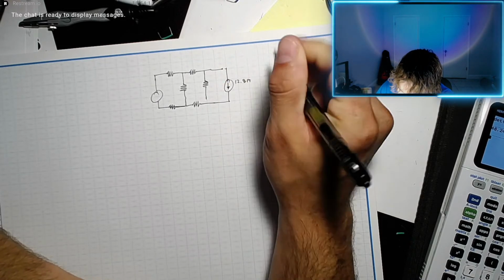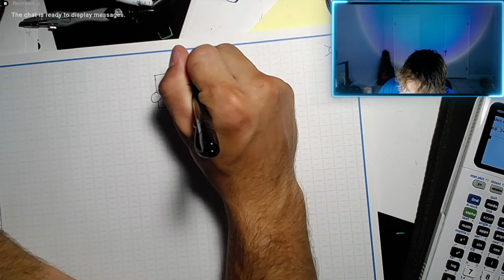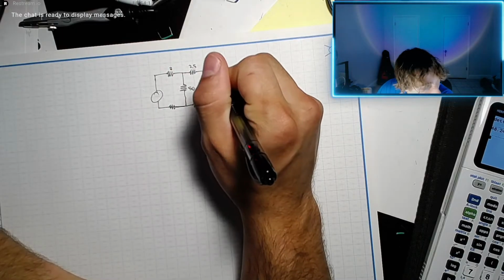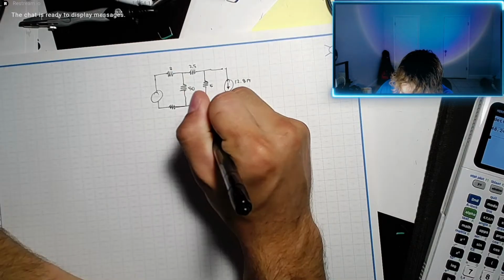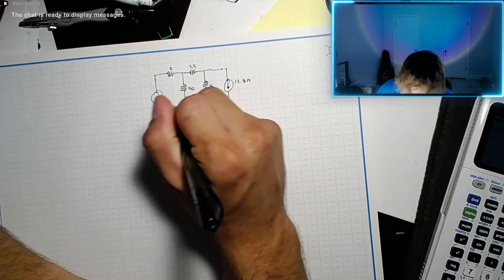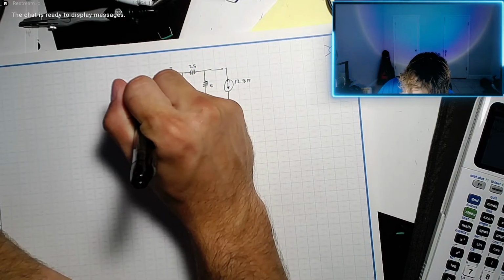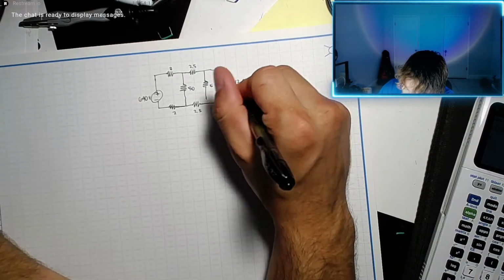0.8 amps. 3, 2.5, 3, 2.5, 50, 5, 2.5, 2, 640, positive, negative, 640, positive, negative, 12.8.